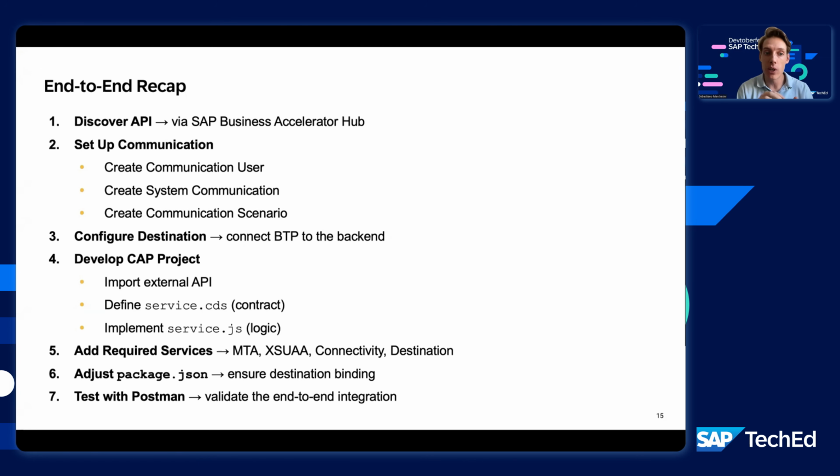We configured our destination inside of our BTP, and we developed our CAP project. We imported first the external API, we defined the CDS service, we implemented the service logic, really simple. We added the required services, MTA, XSUAA, connectivity, and destination. We adjusted the package JSON to ensure the destination is bound to our S4HANA public cloud.